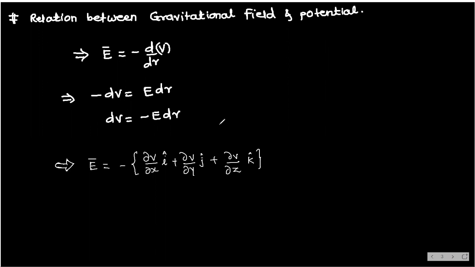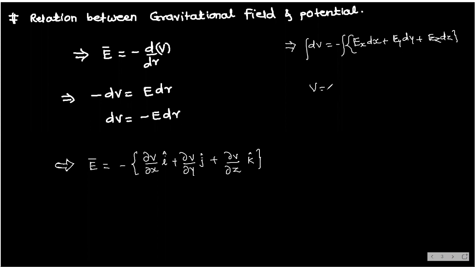Just 1 minute, one more point I will write and then we will solve one problem. Suppose now I am having like this. Similarly for the second case, dV is equal to minus Ex dx plus Ey dy plus Ez dz. Now take integration on both sides. What will you get?